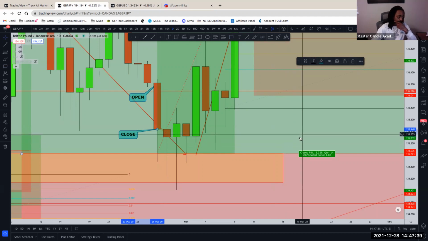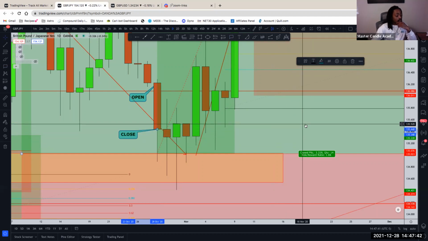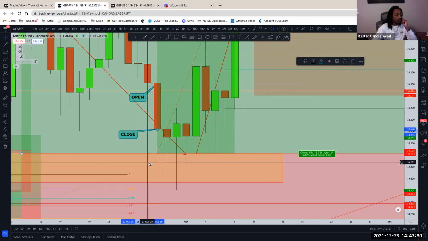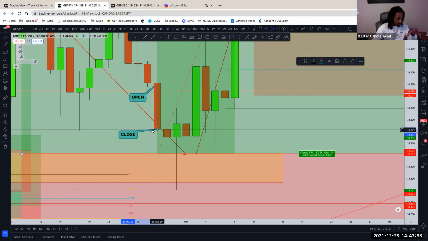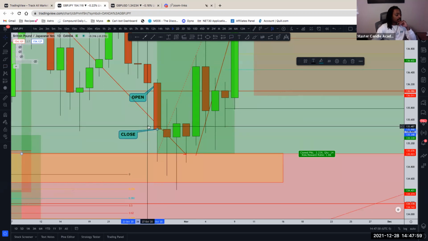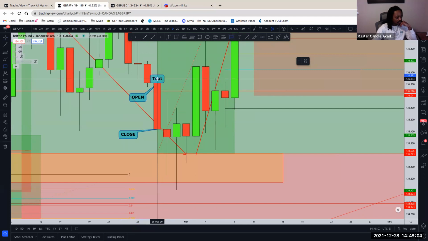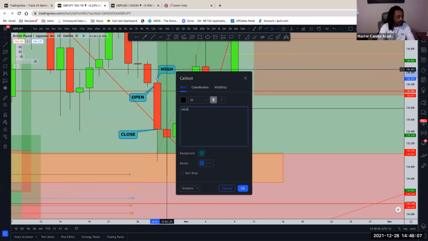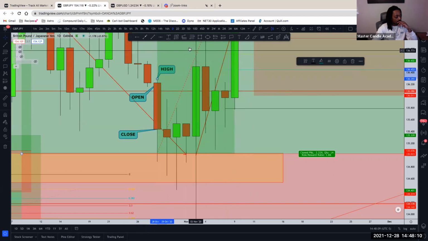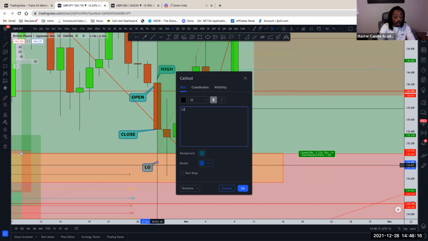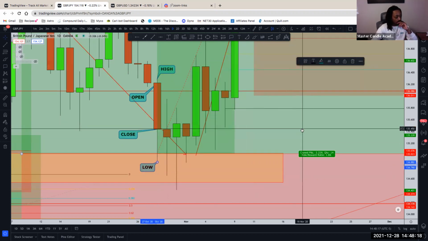What we are looking for when price action plays is the wicks. The wicks tell us more of a story in price action than the open and close of a body will. What do I mean by that? Meaning, for this candle, the top of this wick is the high. The bottom of the wick is the low.